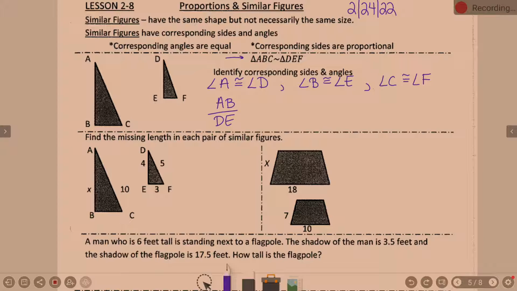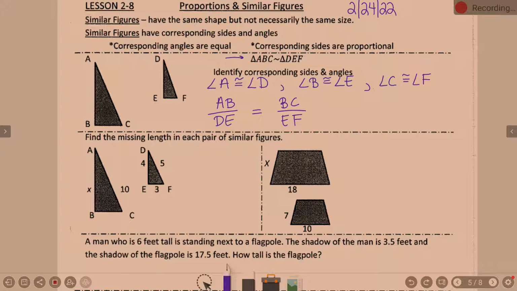AB is proportional to DE, just as BC is proportional to EF. Notice I'm keeping the pieces in the same location, in that the bigger triangle pieces are on top and the smaller triangle pieces are on the bottom. Just trying to pair them up.